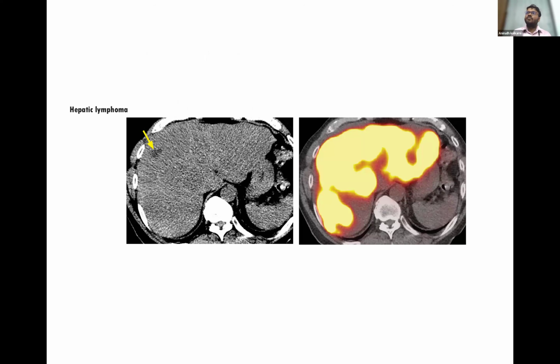So that is how it is very important for all of us that we do not just see the images. We have to take the detailed history, okay, and see the patient. Also take sometimes the history from the patient.